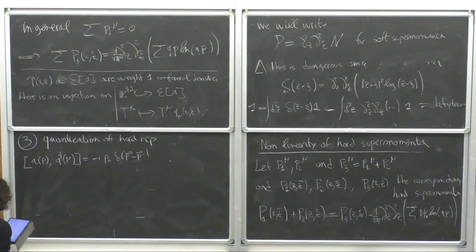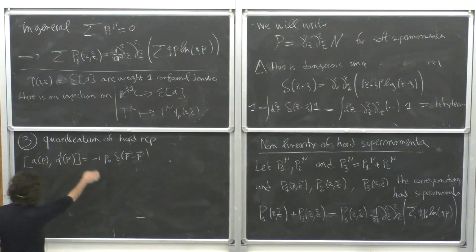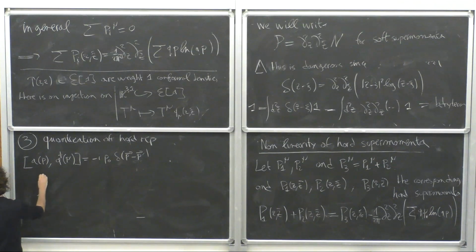And we can write now the super momentum generator. By quantizing, I mean we want to realize the BMS generators as operators on the space of fields. Let's write it like this.